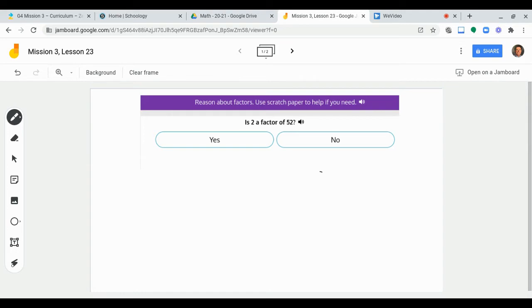If we're doing the standard algorithm way, I have 52 divided by 2.